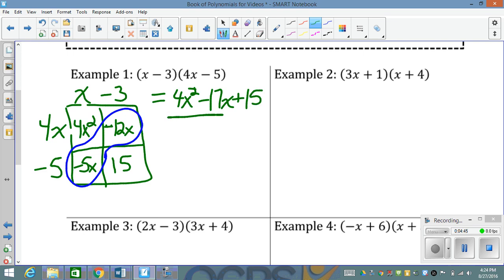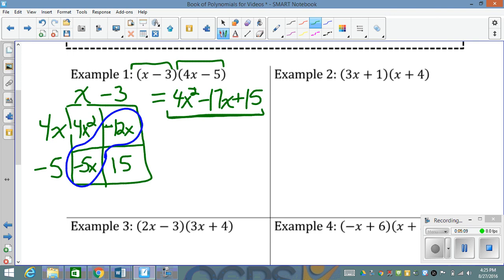That's my answer. I can't do anything else because they're not like terms, so I can't continue adding and subtracting. I can only combine things that are like terms. So done. Most of the time, when I multiply binomial times binomial, two terms times two terms, I am going to get a trinomial, 3 terms.